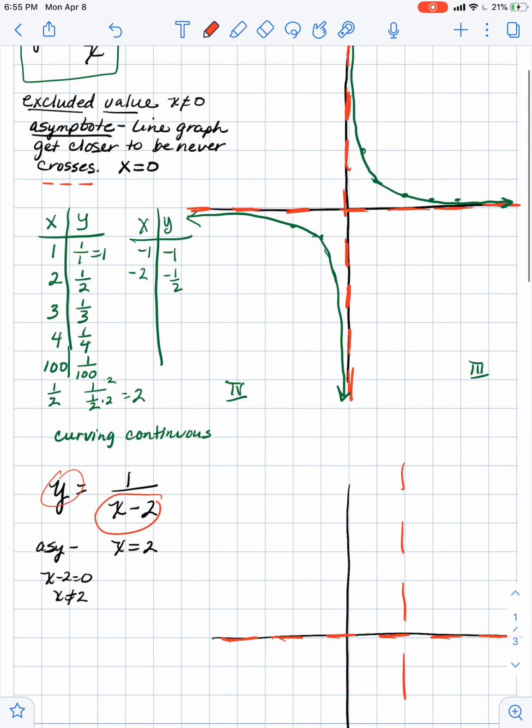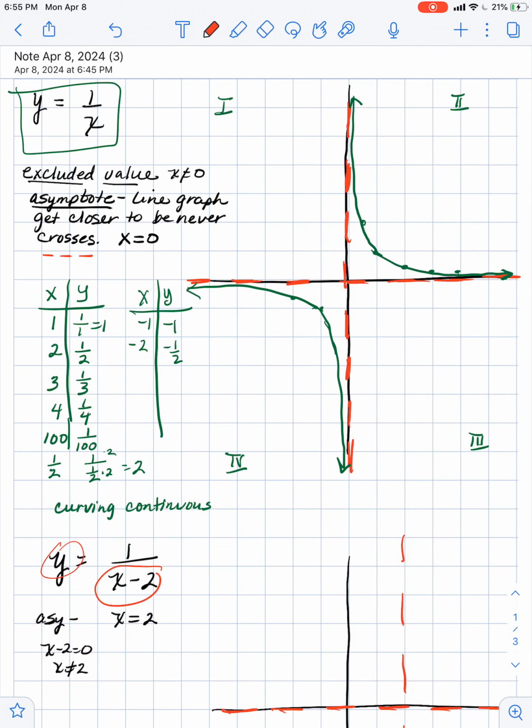So we'll talk about some rules, but if this value here is a constant, a number, then your horizontal asymptote will be y equals 0.